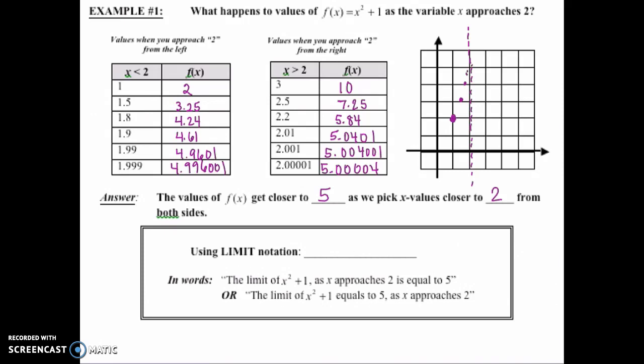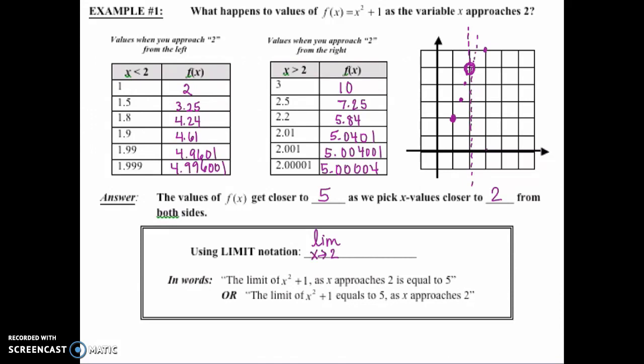And then on the other side of 2, we saw the same thing happening, right? So what we saw was that the values seemed to be closing in on that value of 5 as we got closer to 2 from both sides. Using limit notation, this is how we would write this. We would say the limit, and underneath the lim, we would put the value that we're approaching.